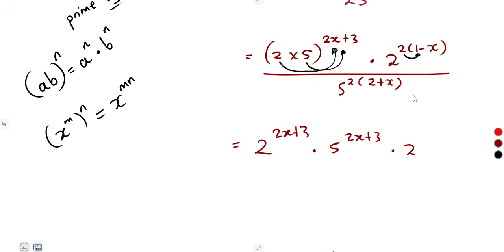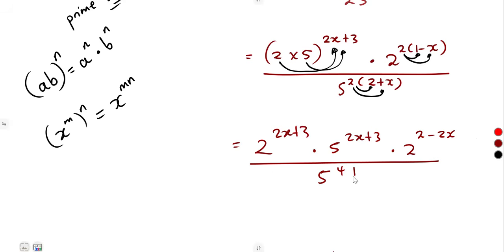That's going to be 2 to the exponent of 2 times negative x, that's negative 2x. It's the same here for this 5: 2 times 2, which is 4, and 2 times x, which is 2x. So this is where we are.